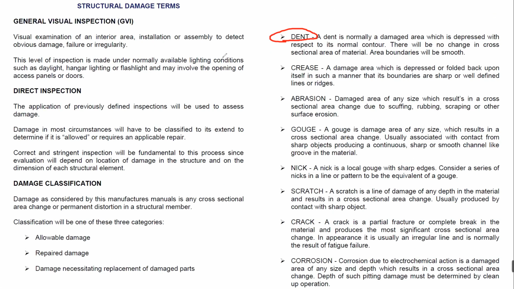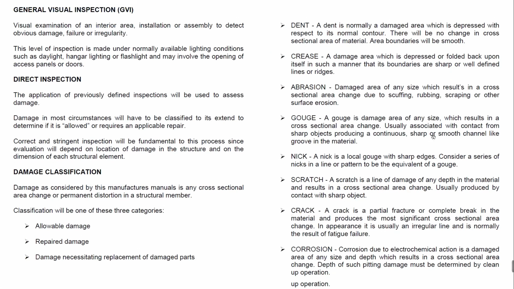It's another story if the dent is on the radome. It's another story if the dent is on the door or on the door surroundings. Okay, it's another story if the dent is on the belly fairing on the composite structure. So we have options all the time, and be careful with the assessment.